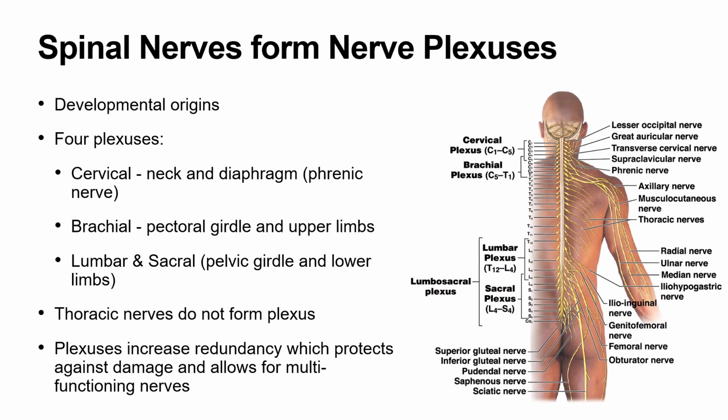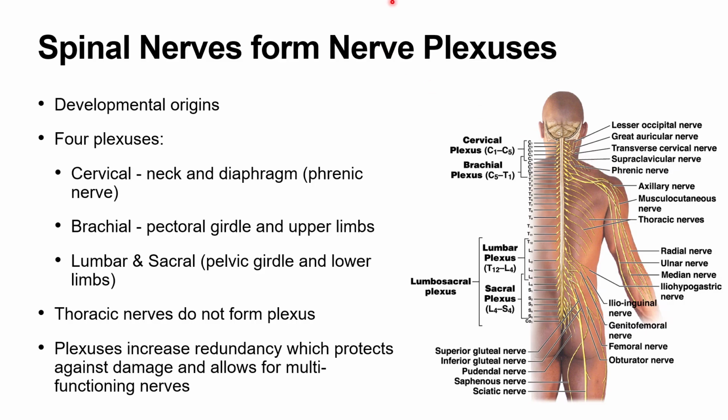A crucial concept of spinal nerve anatomy is to note that spinal nerves form what are called nerve plexuses. A nerve plexus is going to actually be where a series of spinal nerves will exit the spinal column and they will conjoin, they will mingle together at various different levels throughout what is called a network or a plexus.